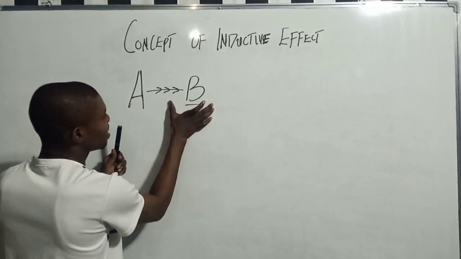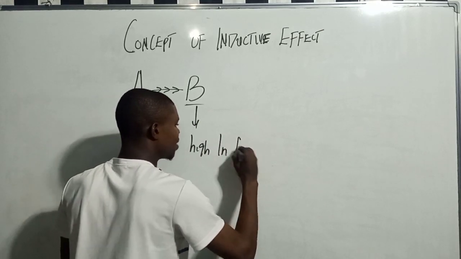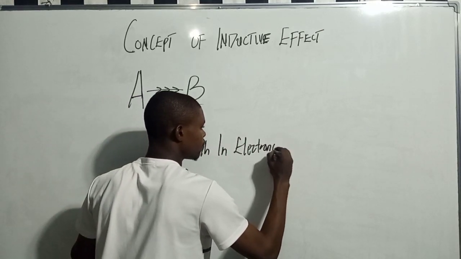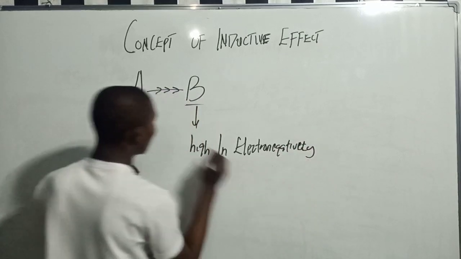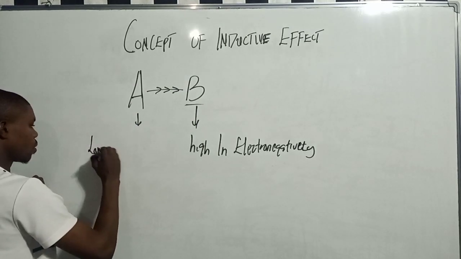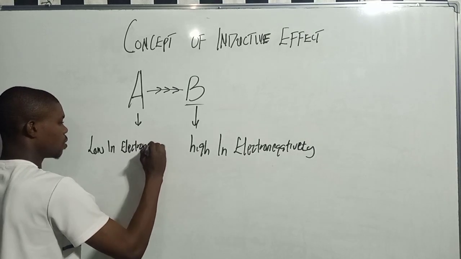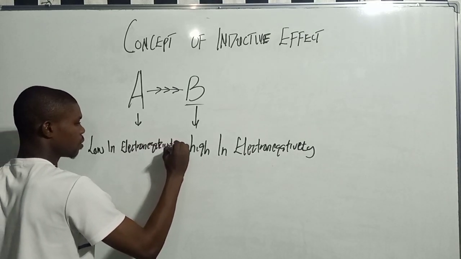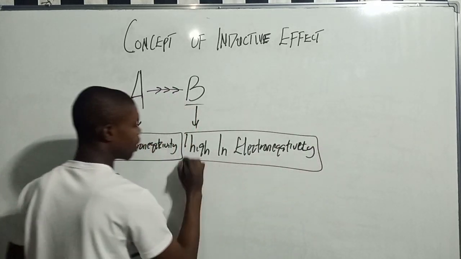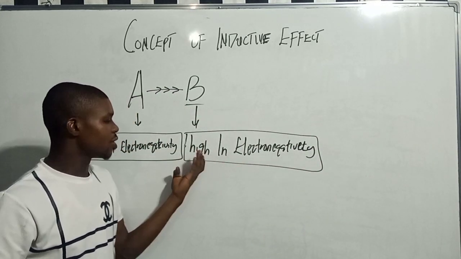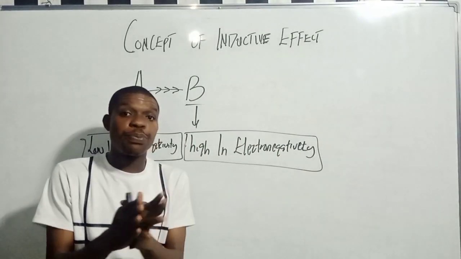So if this one is high in electronegativity and here is low in electronegativity, the bonding electrons will not be pulled equally.